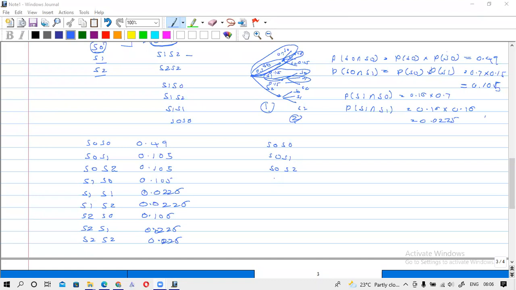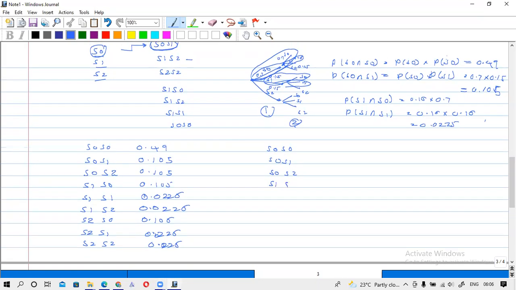Here we also have S1, S0 and S2, S0 should be here, correct? Because this has a higher probability, S2, S0.